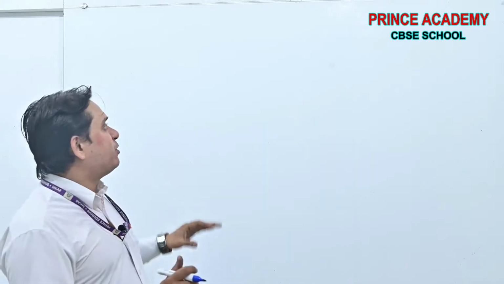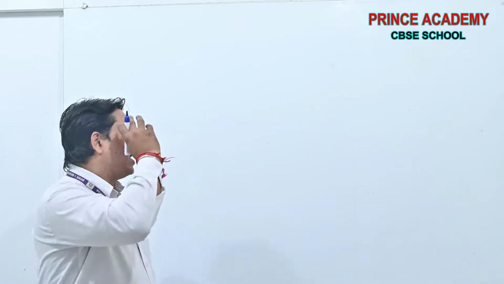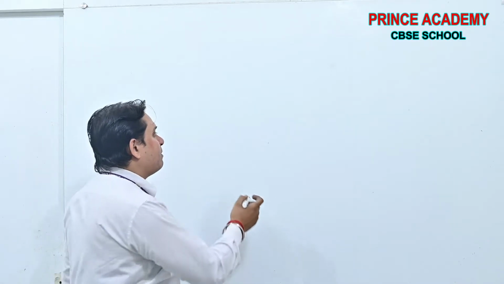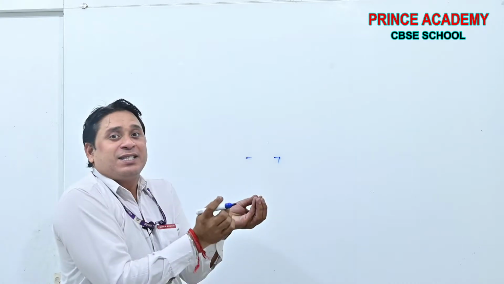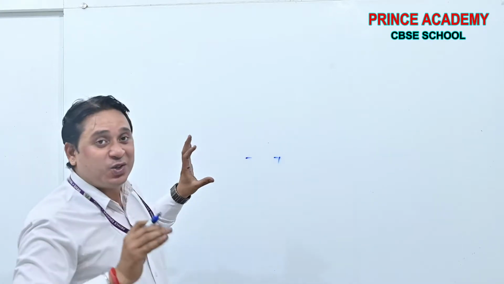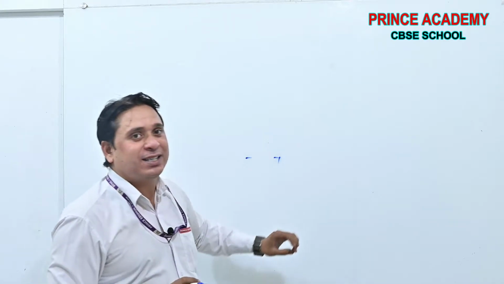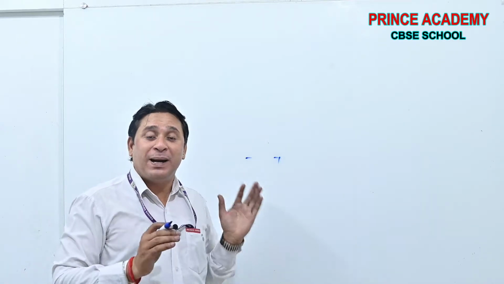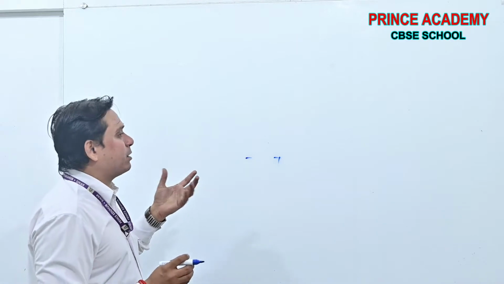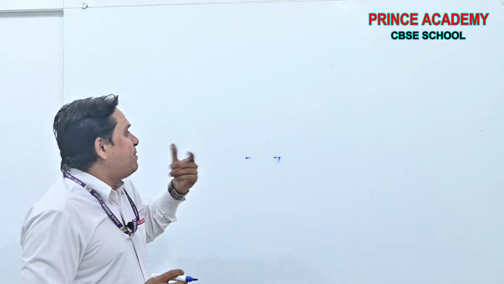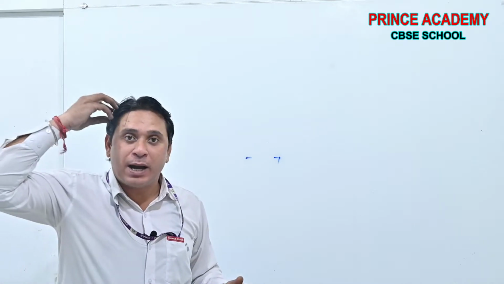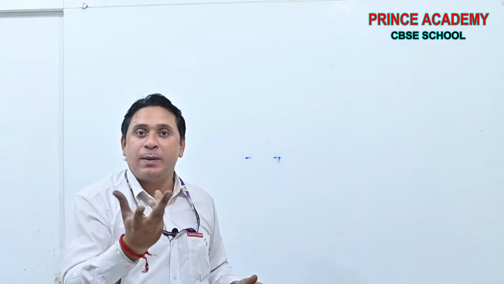Sometimes whatever I am writing here, and I am speaking also, sometimes a minus or plus might be changed a little bit. Students, just take a screenshot and send it to me in the group and say, you have done wrong here. But students, this is a human error. By mistake it is so, but you can note my words.